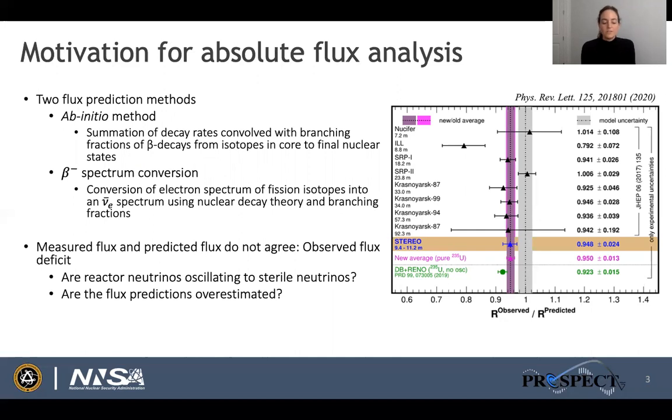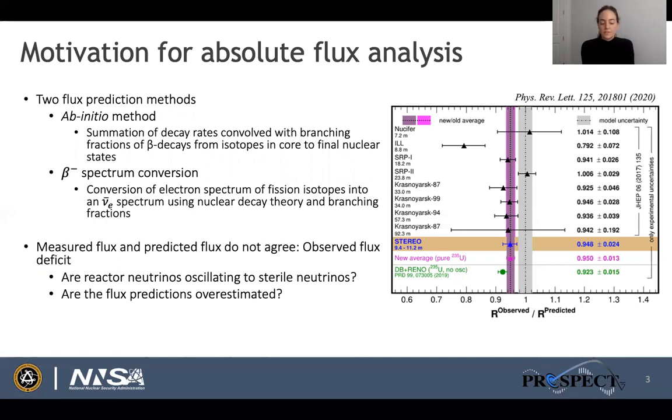We can use a combination of these two methods to predict the flux, but when we try to measure it, the observed reactor neutrino flux doesn't agree with the predictions. You can see here in this plot on the right that if we divide the measured flux by the predicted flux, the ratio sits a bit below 1.